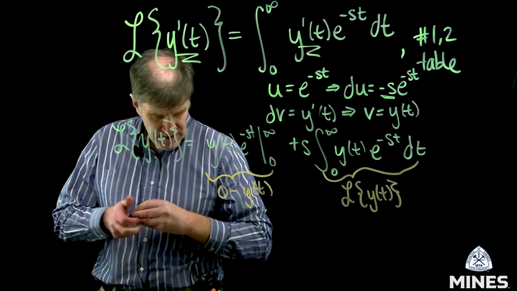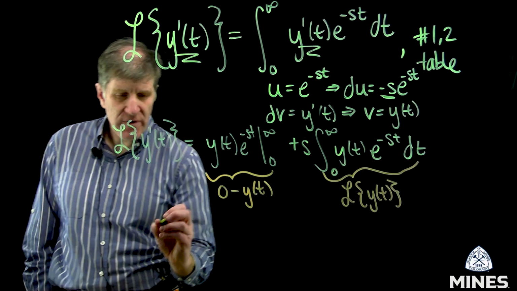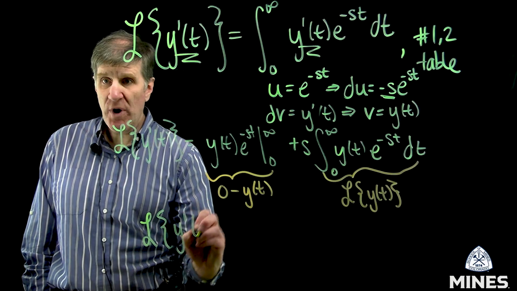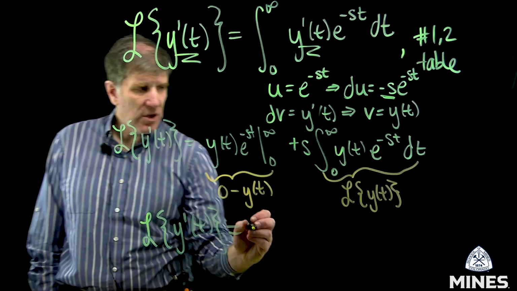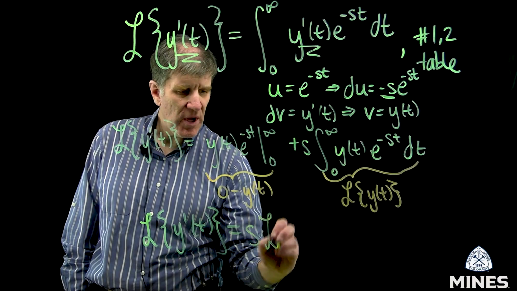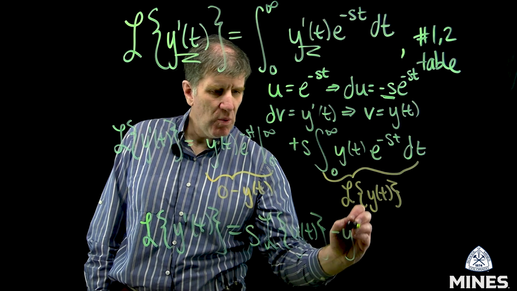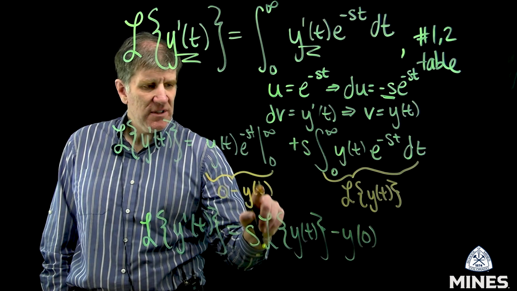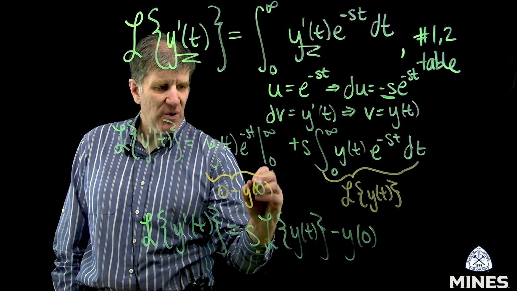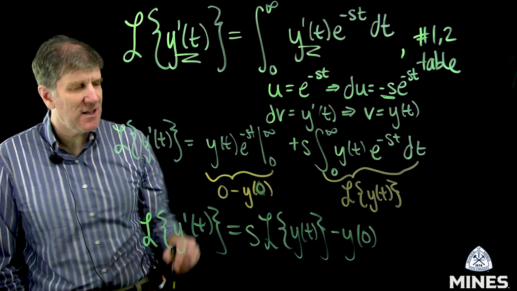So if we put all of this together now, we have the Laplace transform of y prime of t is s times the Laplace transform of y of t minus y of 0. Or I should have put the 0 in here. I was evaluating it at the endpoint of integration.